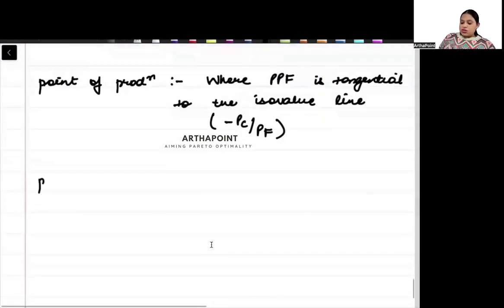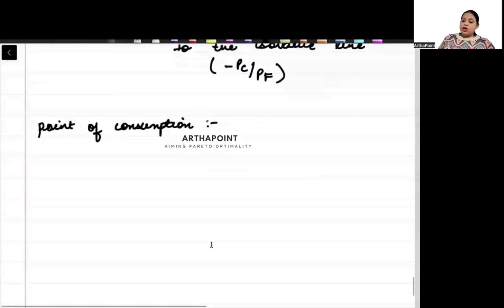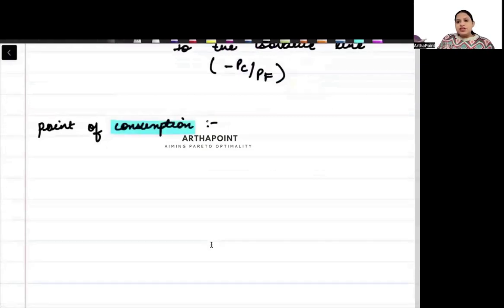Now the question is, what will be my point of consumption? So for consumption, what do we need for decision making? Indifference curve. You will need the indifference curve for making decisions.